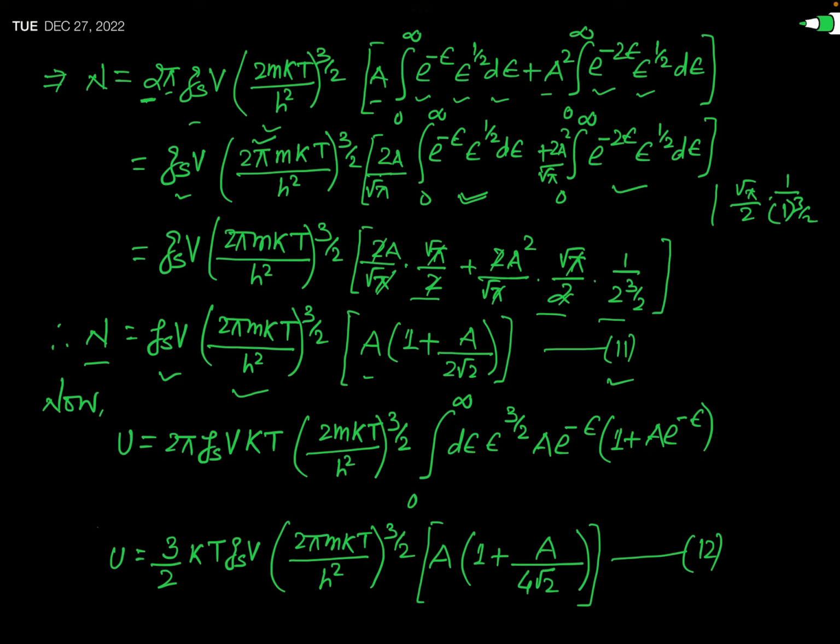Okay, so u will be equal to 2 pi gs v into kt times 2 m kt by h squared to the power 3 by 2, integral 0 to infinity d epsilon, epsilon to the power 3 by 2, a into e to the power minus epsilon times 1 plus a into e to the power minus epsilon. Only instead of epsilon to the power half, here there is epsilon to the power 3 by 2 and other factors inside the integral remain the same.